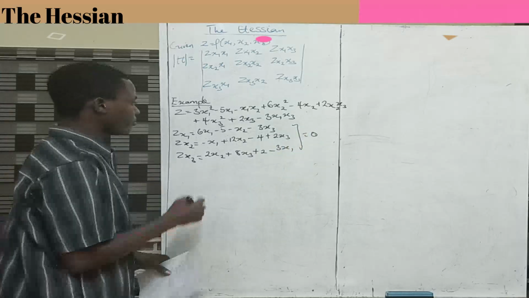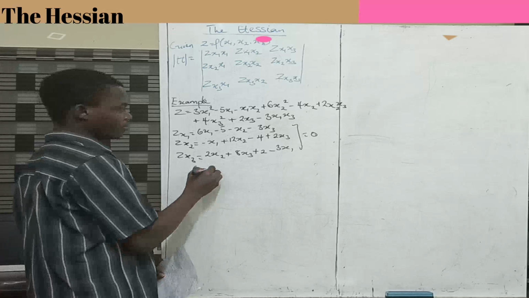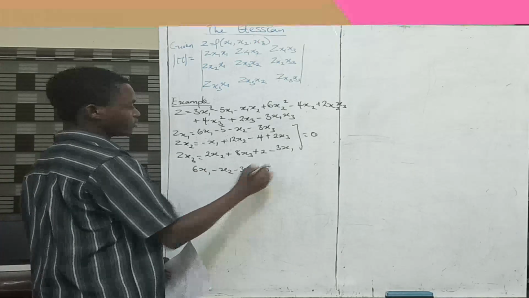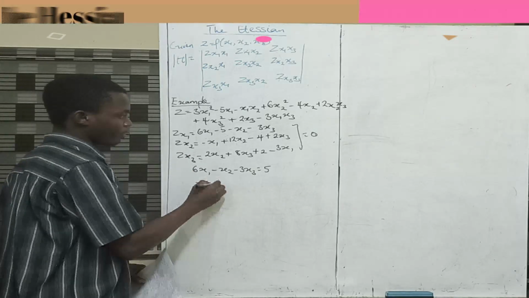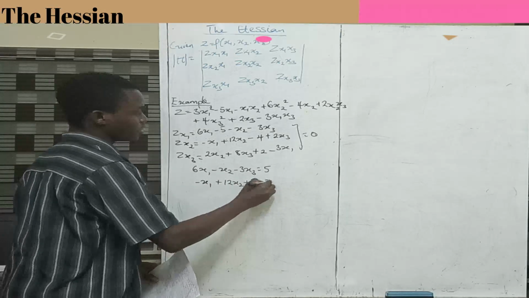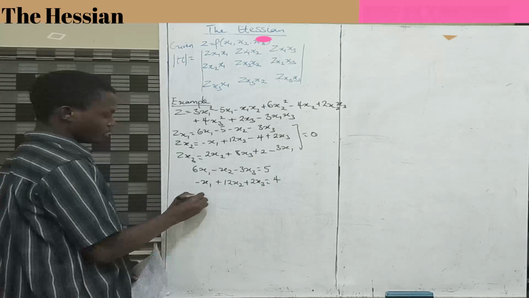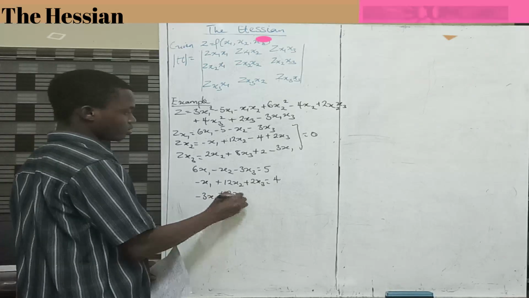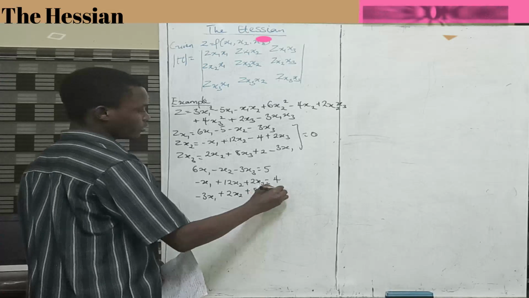When we do that, here we have 6x1 minus x2 minus 3x3 equals 5. Then here we'll have minus x1 plus 12x2 plus 2x3 equals 4. And here we'll have minus 3x1 plus 2x2 plus 8x3 equals minus 2.